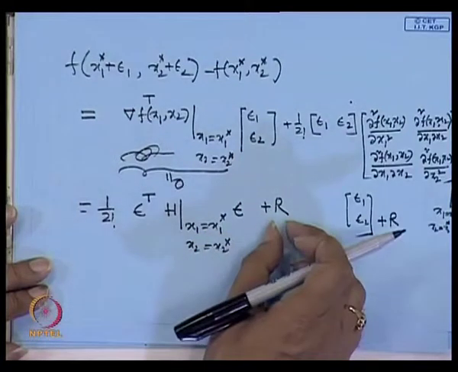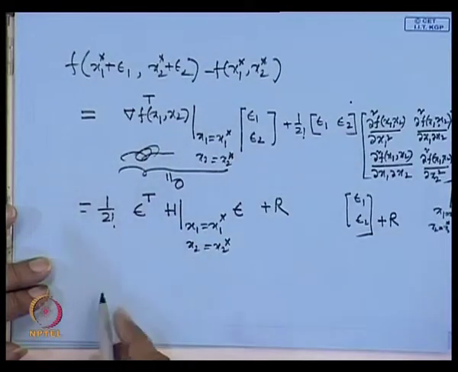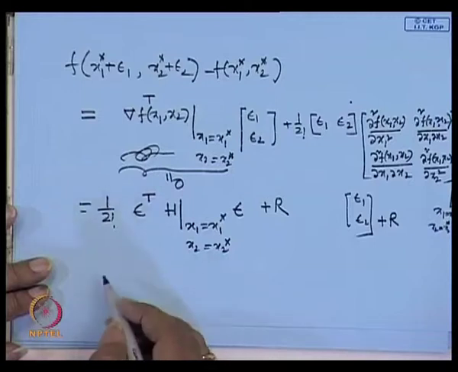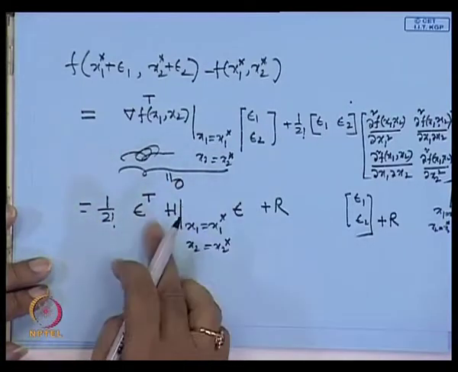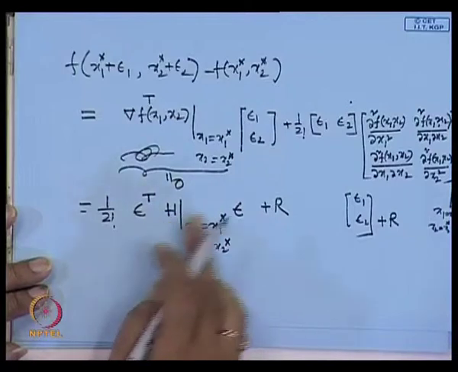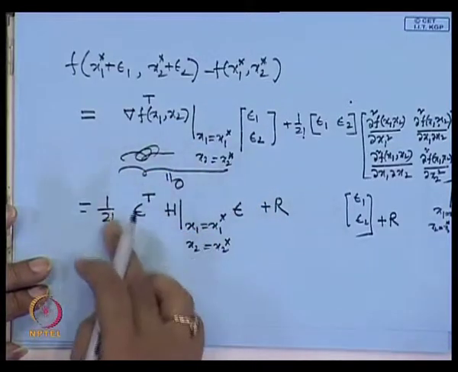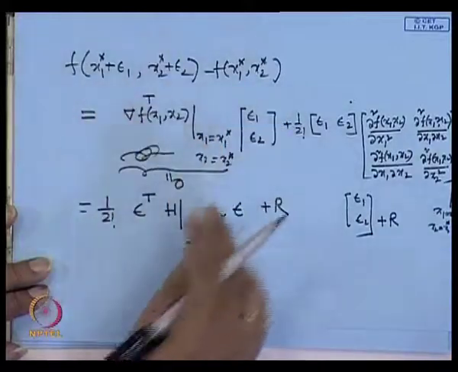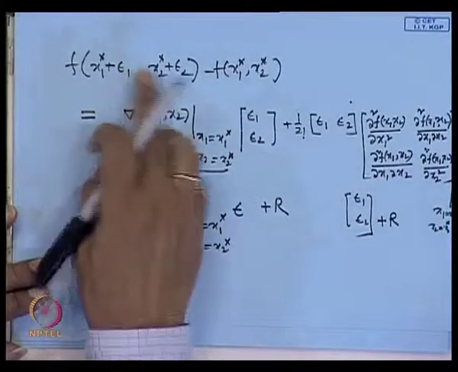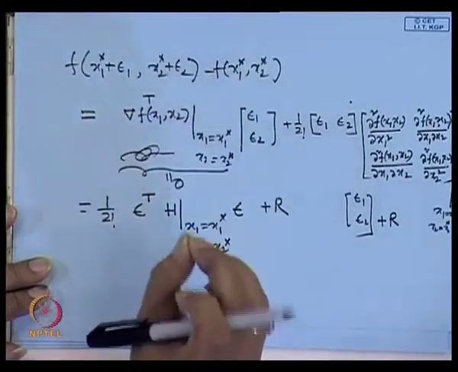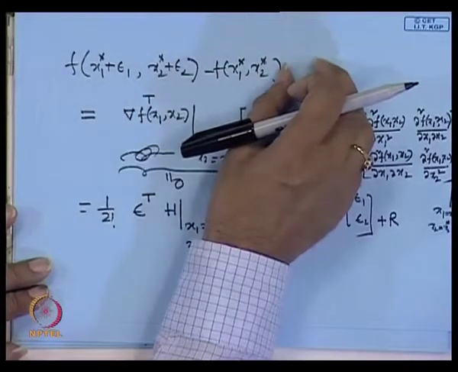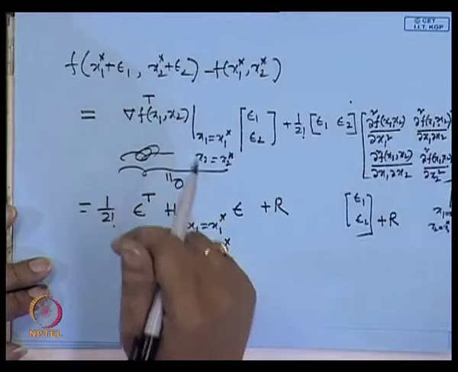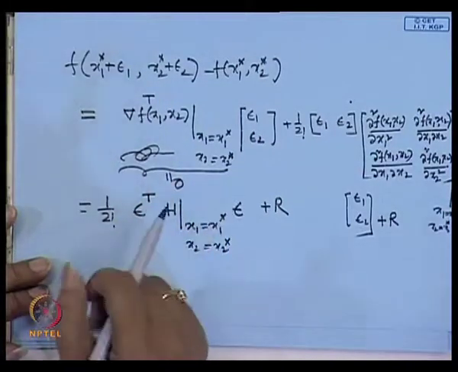So, I can easily now tell that this quantity will be positive provided H is a positive definite matrix, quadratic function. So, if it is positive definite, then what does it mean? If you give a perturbation from x 1 star and x 2 star, the quantity is positive, means we have obtained the local minimum.